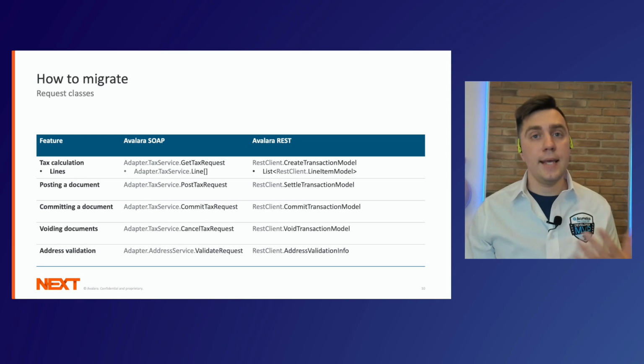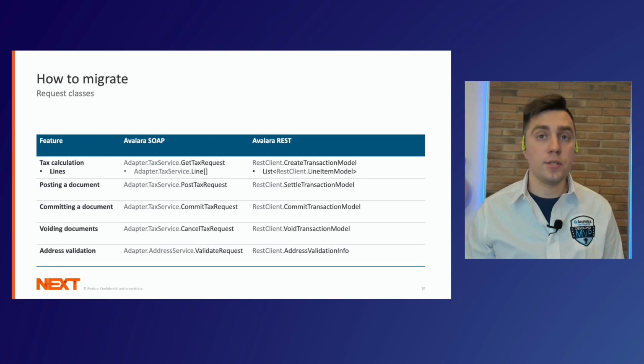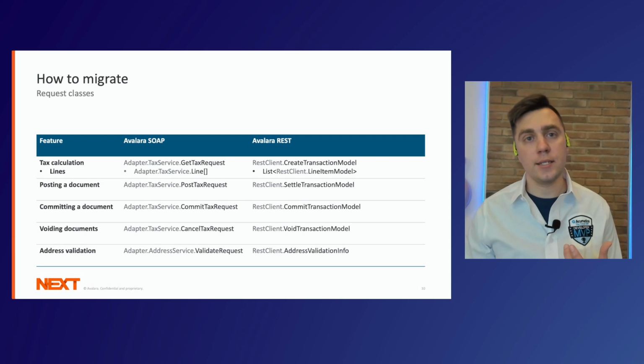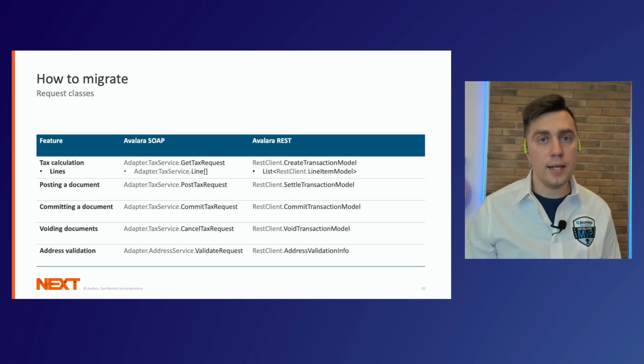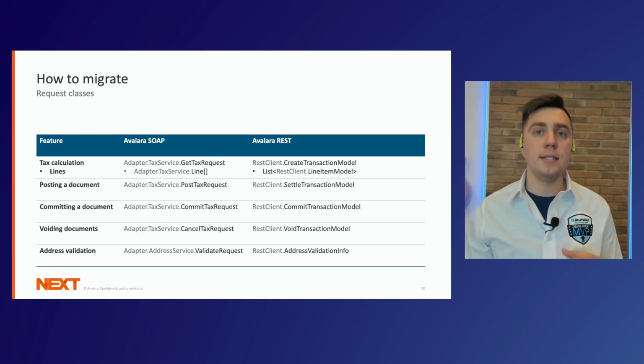Please note that the tax calculation request class includes a header and lines. For the tax calculation feature, the SOAP GetTaxRequest class is equal to the REST CreateTransactionModel class, and the line array is equal to the LineItemModel list collection.